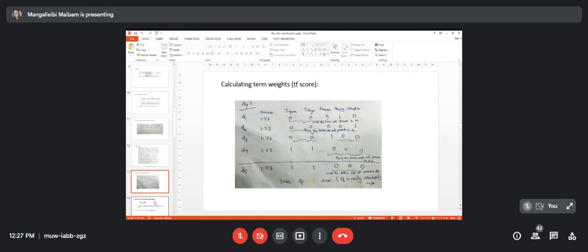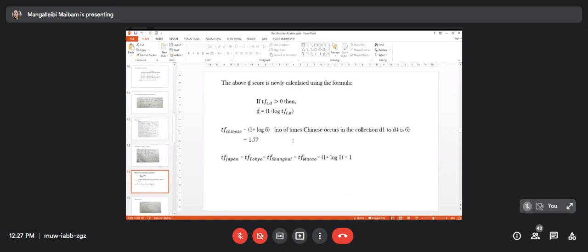Now in step 2, we will be calculating the TF score, the term frequency score. It is calculated here using this formula.